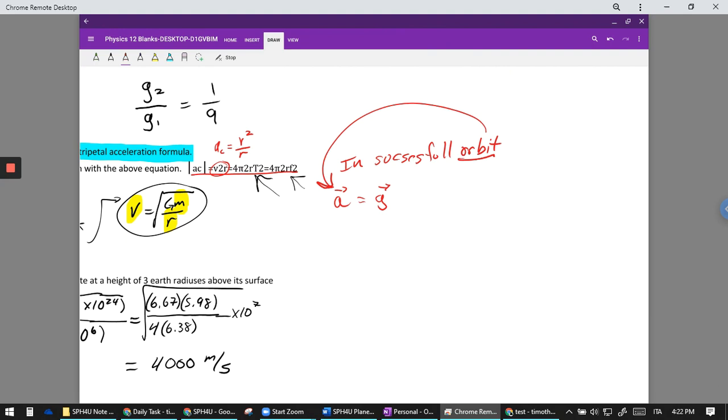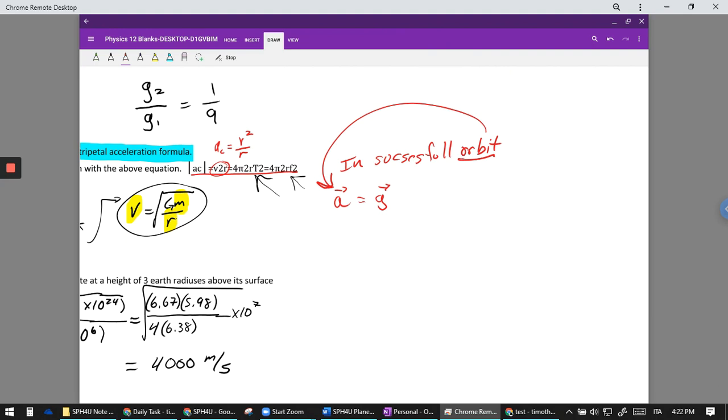Now, they say this is an estimation because things actually tend to orbit in an ellipse. But for our purposes in this course, we're going to assume these elliptical orbits are more or less circular, and we'll be getting more average values in these cases.